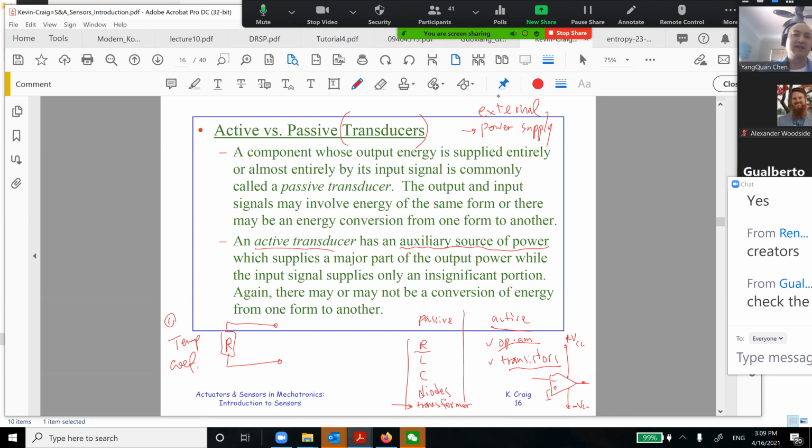It's also a sensor because the resistance is going to change according to pressure, temperature, and light, the photosensitive resistors, diodes, and so forth. So don't just say, oh, a resistor is not a sensor. This could be a sensor, okay?